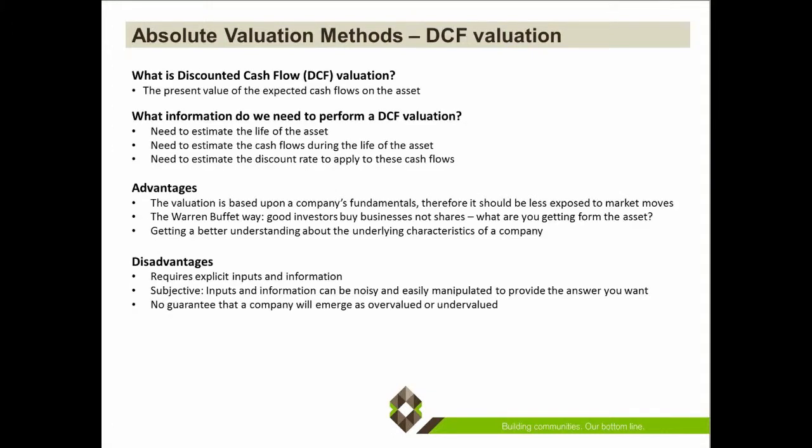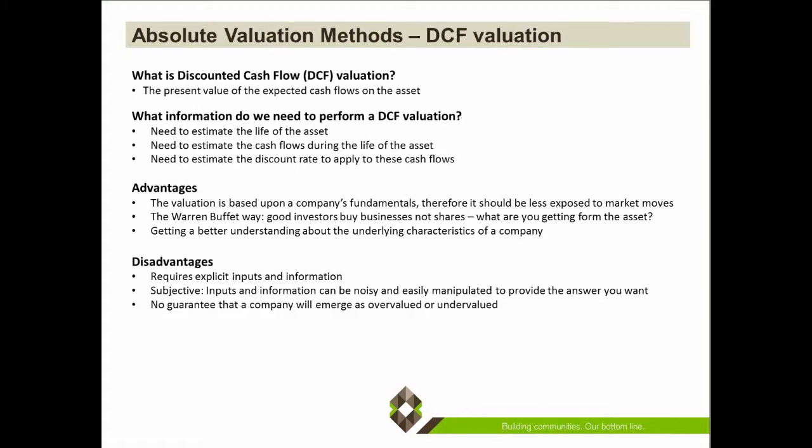So when we move along to the discounted cash flow valuation, what is the discounted cash flow valuation? It is the present value of expected cash flows on the asset. And we need quite a lot more information for a DCF than we need for a dividend discount model or a relative valuation model. We need to estimate the life of the asset.